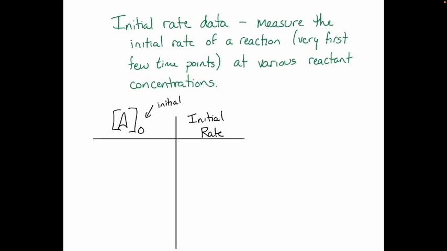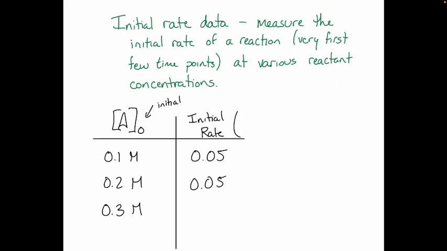I'm going to vary this concentration of A. I'm going to do it at 0.1 molar, 0.2 molar, and 0.3 molar. And I'm going to measure the rate at each of these concentrations. So for this particular reaction, let's say our initial rate is in molar per second.